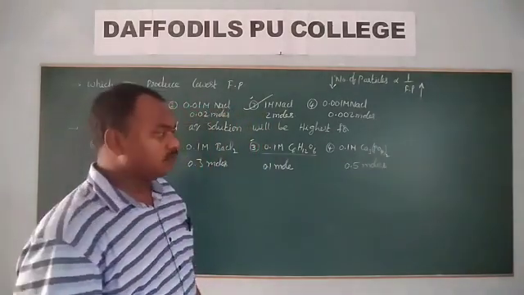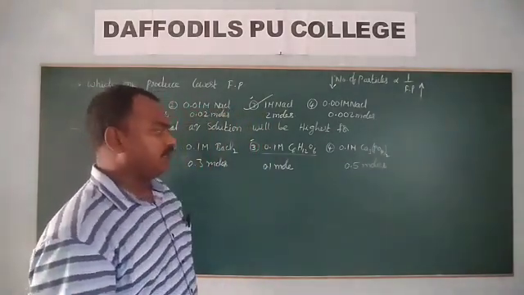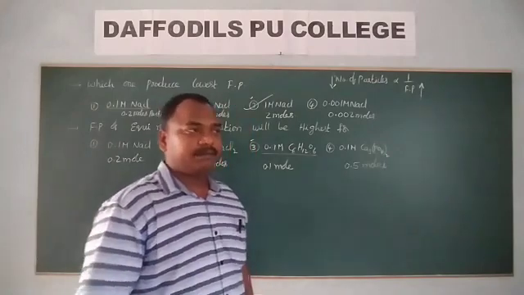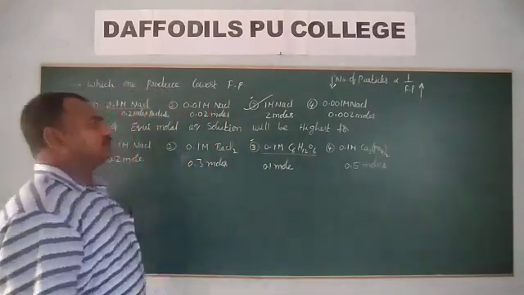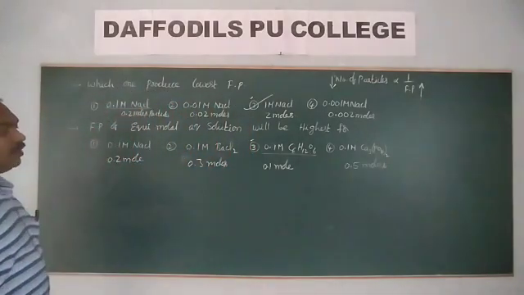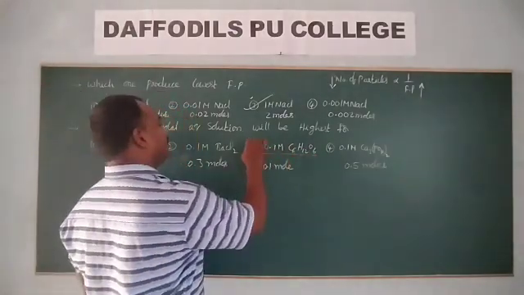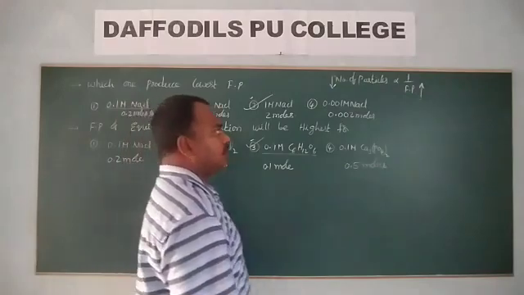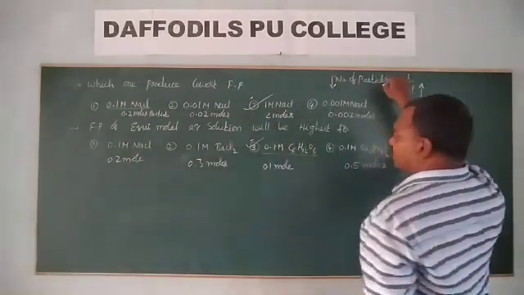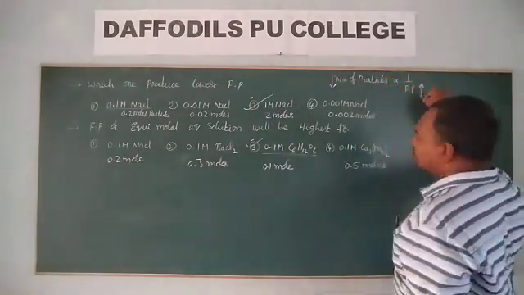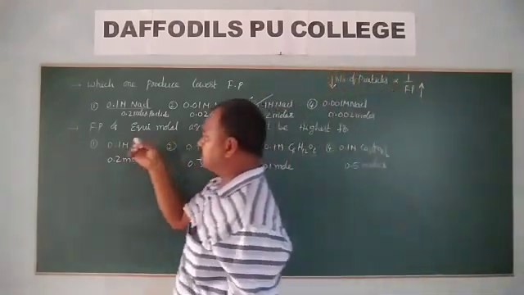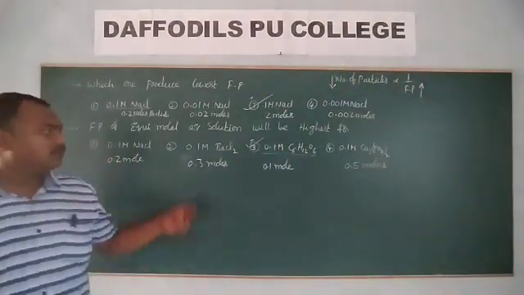So in which thing are you observing the least number of particles? In this 0.1 m glucose solution, you are observing fewer particles. Fewer particles means higher freezing point. So the highest freezing point is observed in this one.